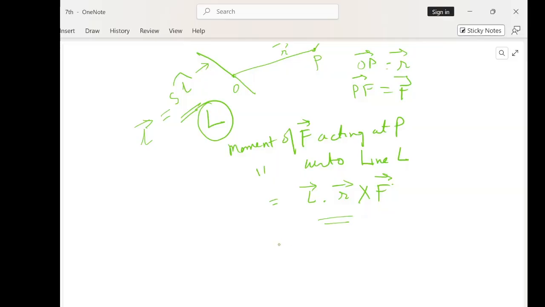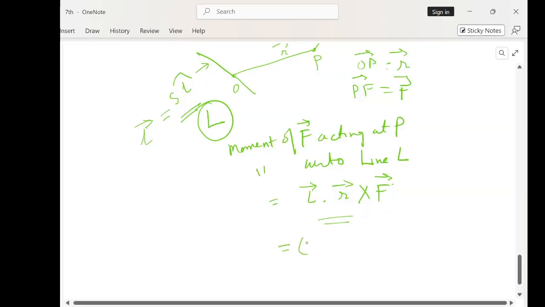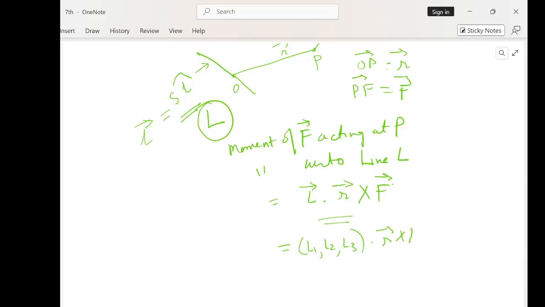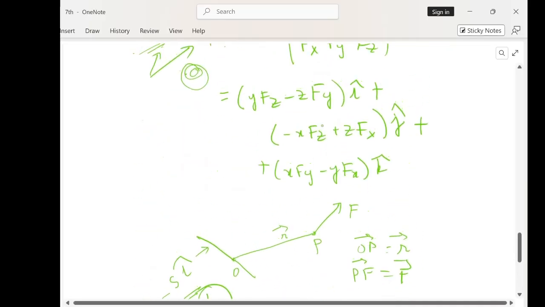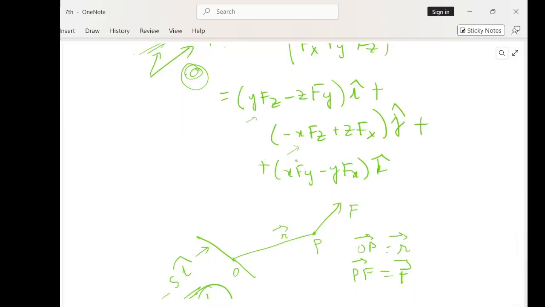That means if L has the three components L1, L2, and L3, you can easily understand R cross F will give you whatever we have got above. You just need to multiply this with L1, L2 and L3. And note down, this is a scalar quantity.